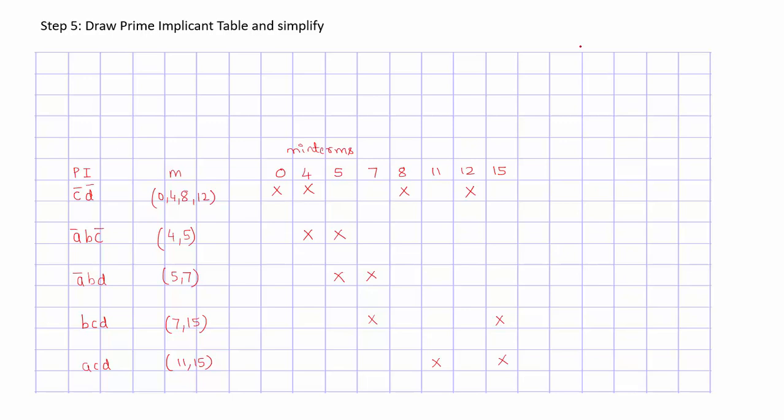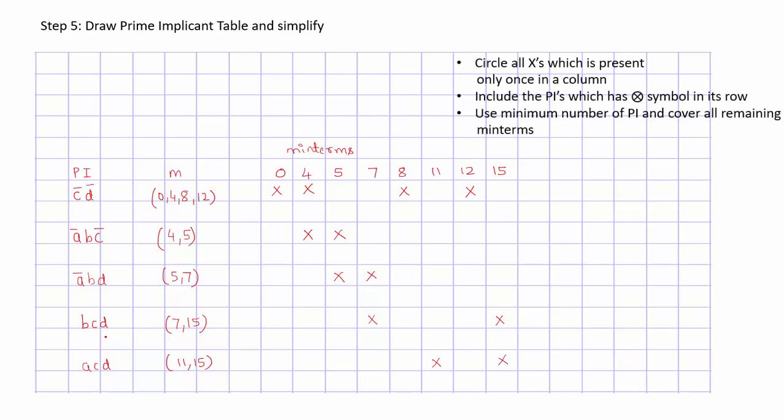Having constructed the prime implicant table, you have to simplify it. While simplifying, you have to keep in mind that you have to cover all these minterms using minimum number of prime implicants. To do that, you have 3 steps. Step 1 is circle all crosses which are present only once in a column.